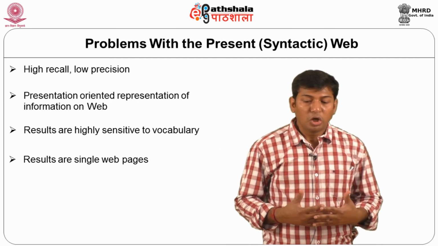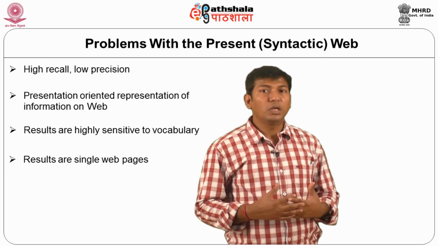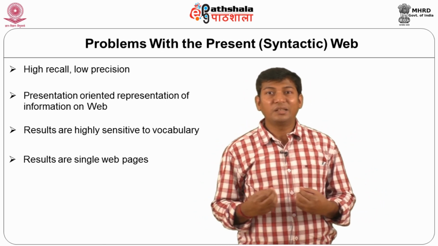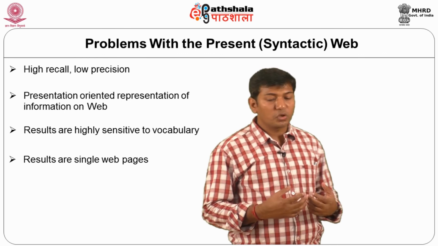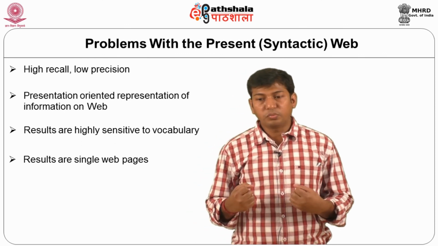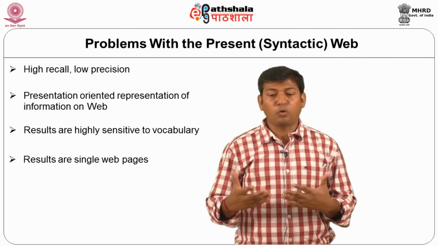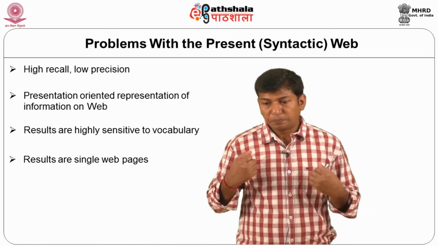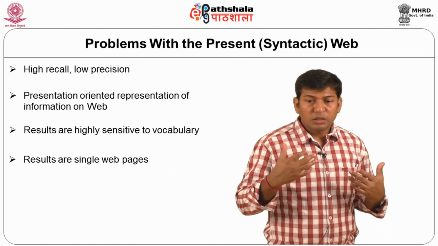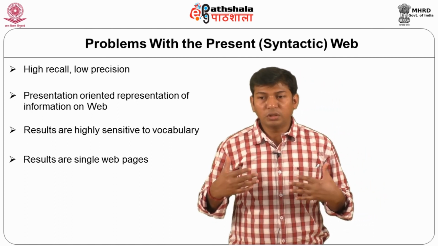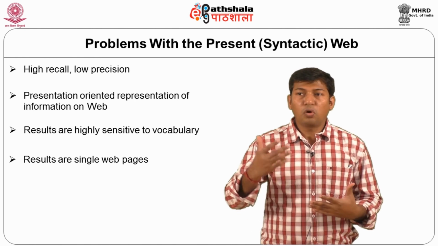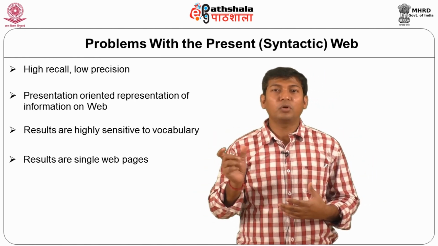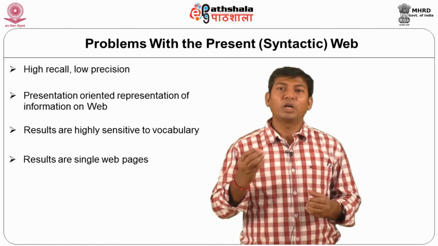The second thing is that the current web is more presentation oriented rather than oriented toward semantic processing. As we discussed in the previous slide, all the HTML tags we use are mainly for display purposes.